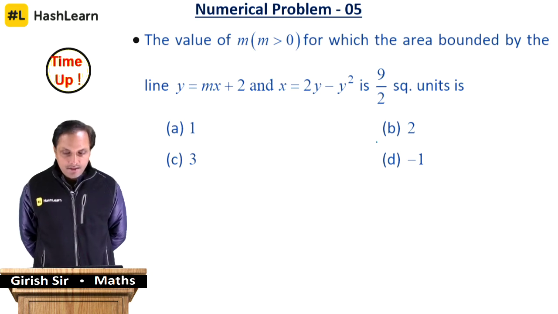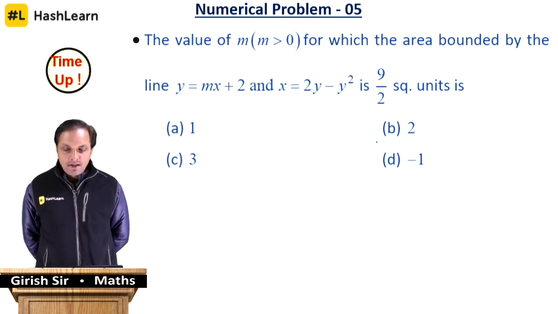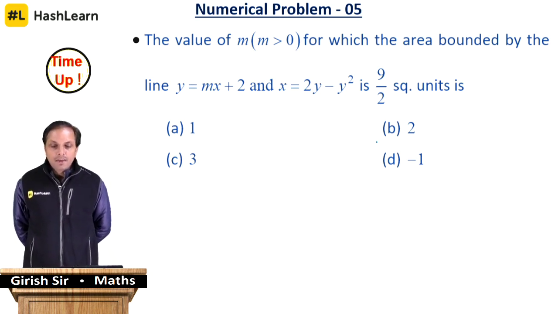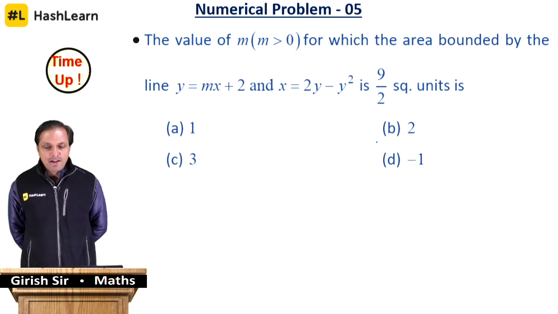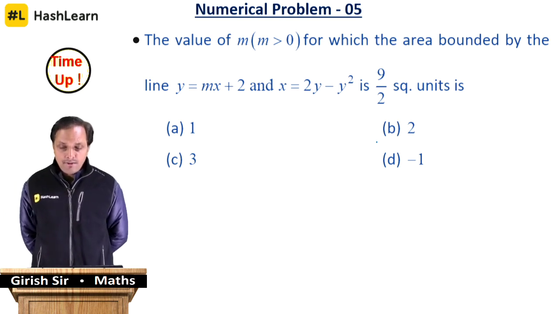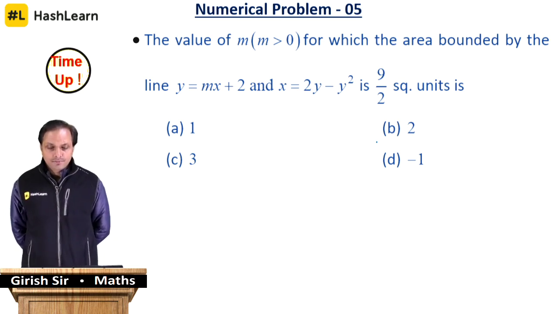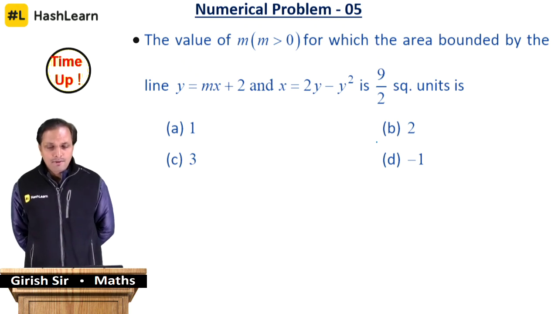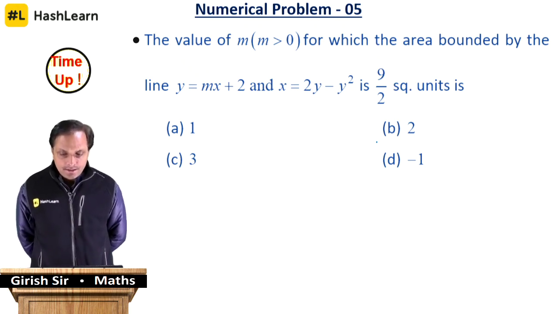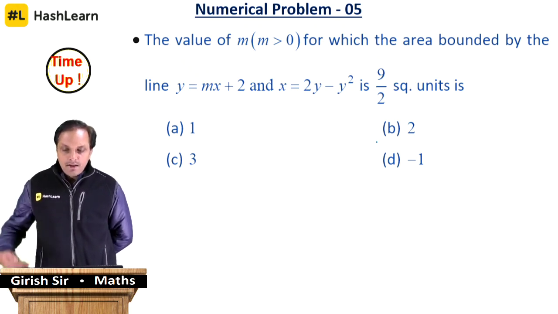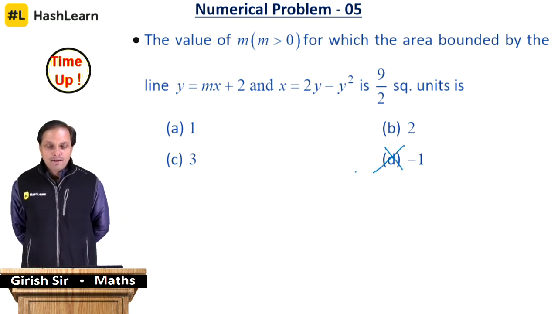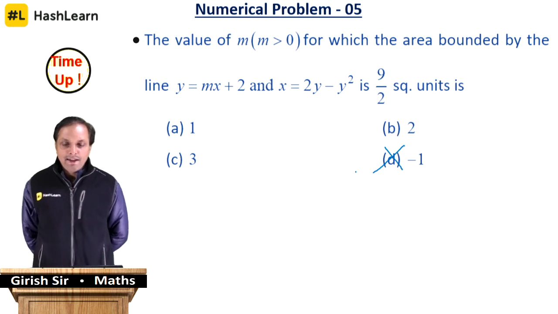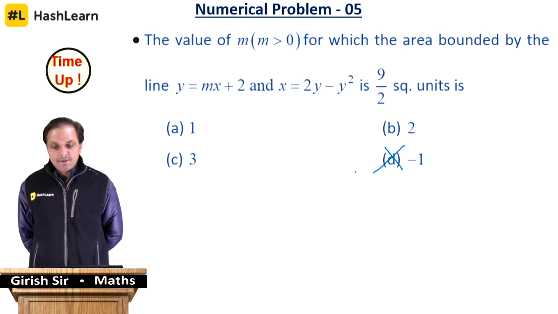Okay, so let us see here. What you can do here is assume the value of m. You can assume the value of m as 1, or 2, or 3, and you cannot assume the value of m as minus 1, because they have given you clearly m should be greater than 0.